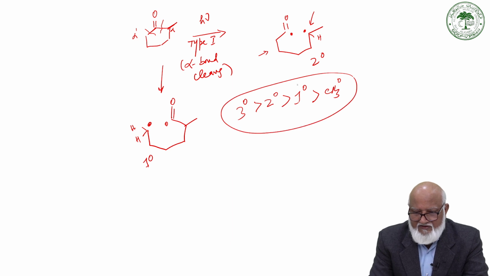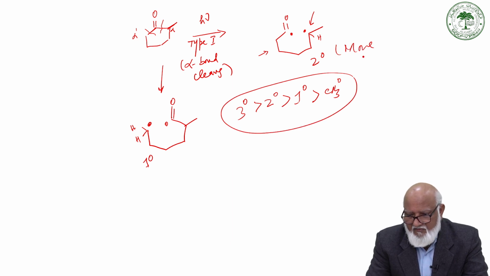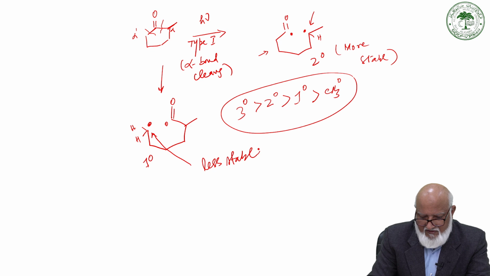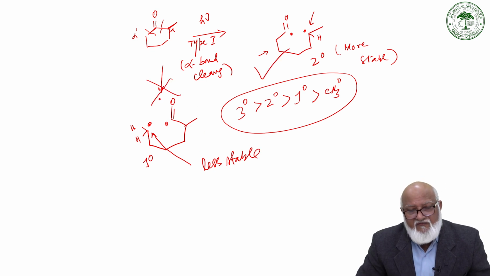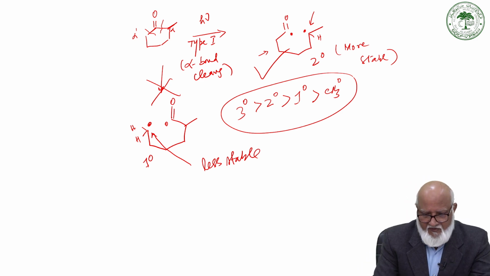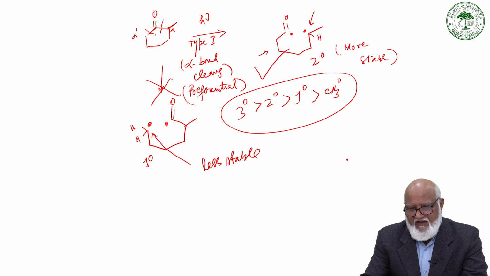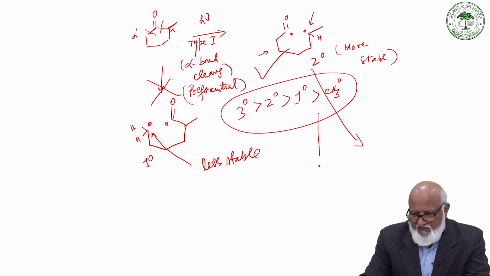So according to this order, this is more stable and this is less stable, and hence this is going to form, and this is not. So when the alpha carbon is substituted, there will be a preferential alpha bond cleavage, and then this will undergo different reactions.